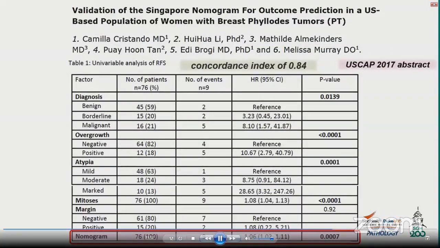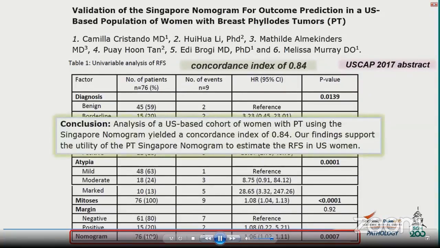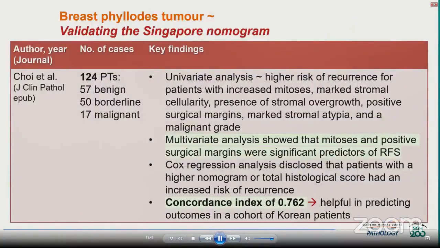This is an abstract from 2017 USCAP, which also found that it was useful in a US-based cohort of women with phyllodes tumors, yielding a concordance index of 0.84. And more recently, a Korean study found a concordance index of 0.62 and concluded that it was helpful in predicting outcomes in Korean women with phyllodes tumors.